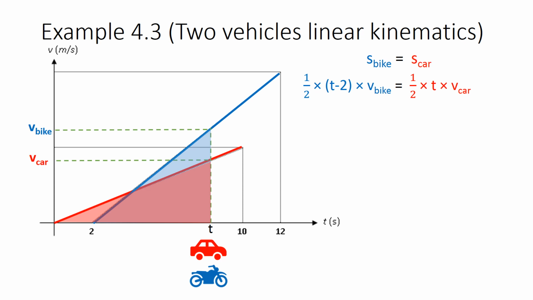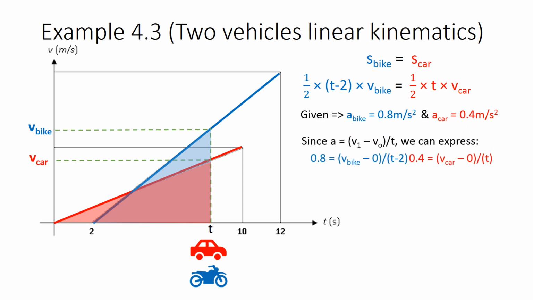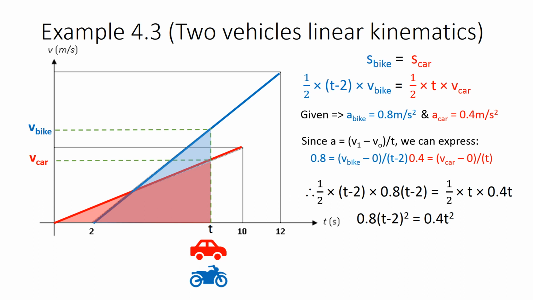Well, we have the acceleration data. We know that the acceleration of the bike is 0.8 and the acceleration of the car is 0.4. And using the acceleration formula, we can express the velocity of the bike as well as the velocity of the car in terms of time. And with that, we substitute back into our original equation, and we simplify.